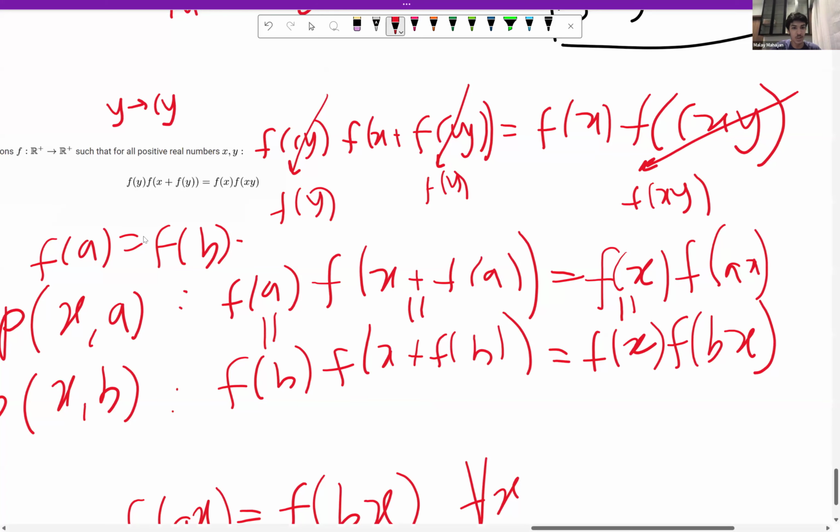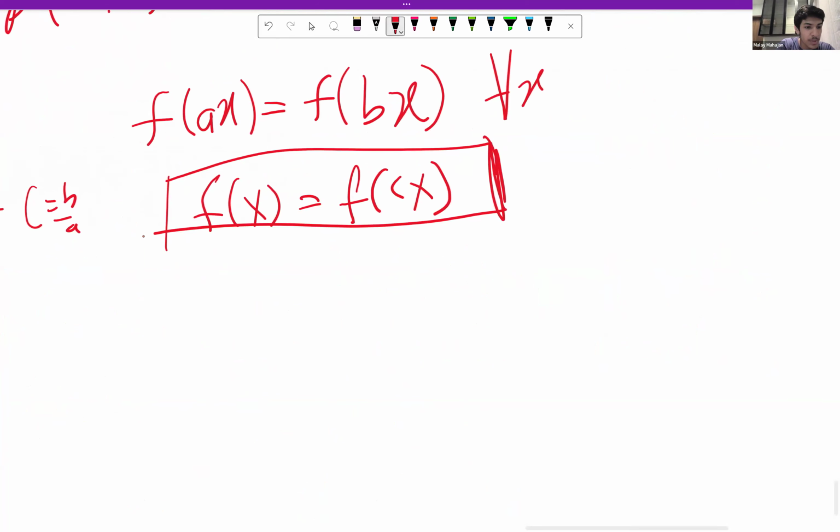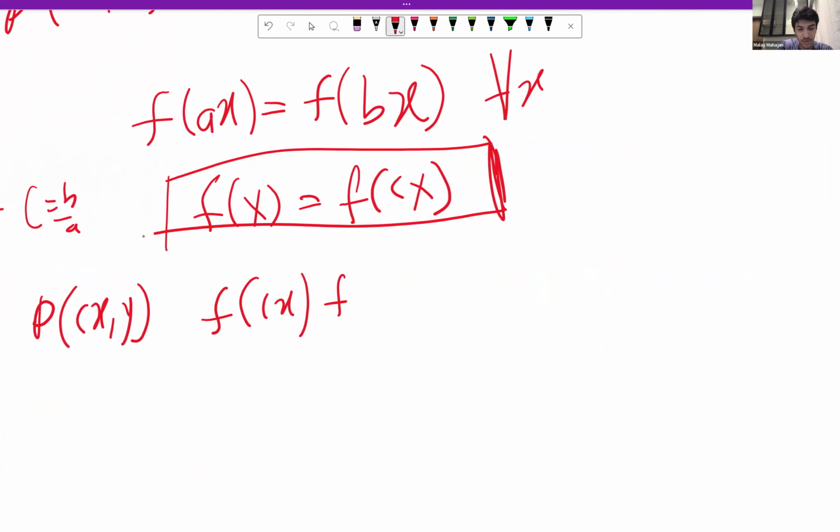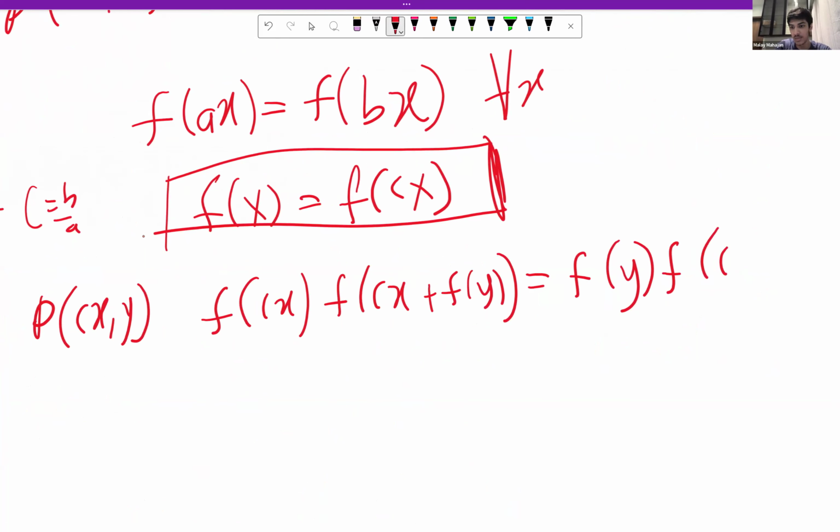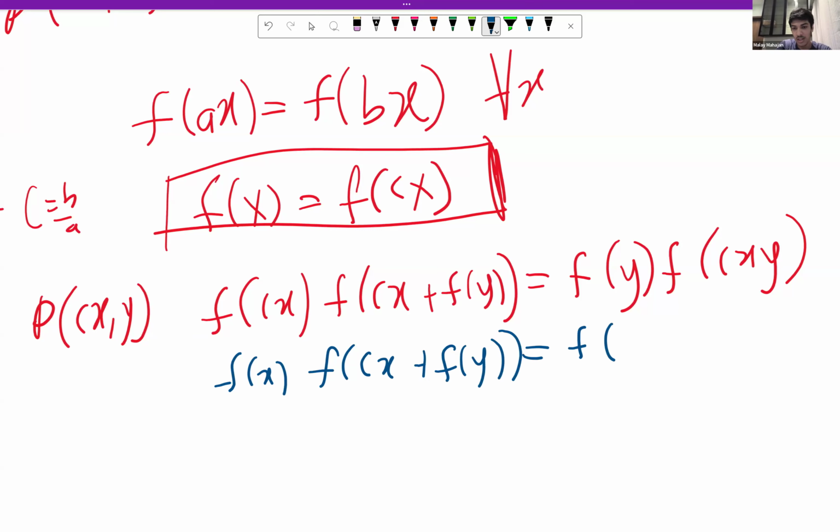Instead of changing y to cy, we consider P of cx comma y. You get f of cx, f of cx plus fy equals f of y, f of cxy. But remember, I can cancel out a c, so I get f of x, f of cx plus fy equals f of y plus f of x times f of xy.